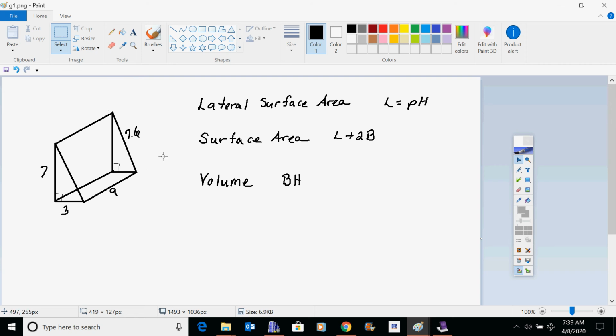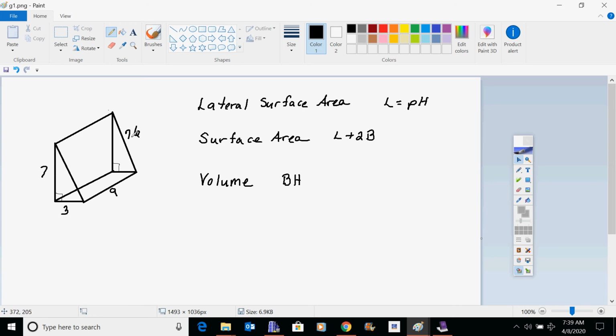This one happens to be on its side. Remember, the bases are the ones that are the same. So you've got the two bases. So the lateral surface area for this particular problem would turn out to be perimeter times height. I'm sorry, just getting my pencil ready here. Perimeter times height.